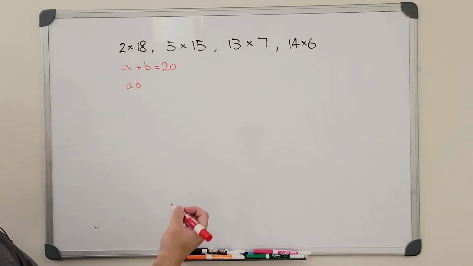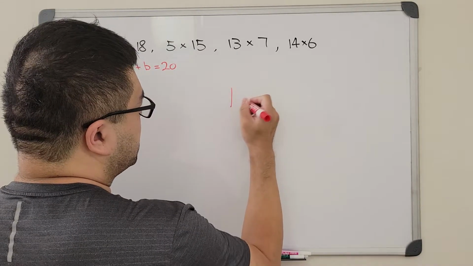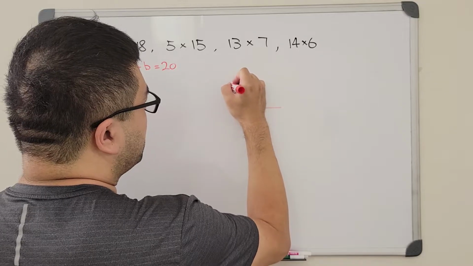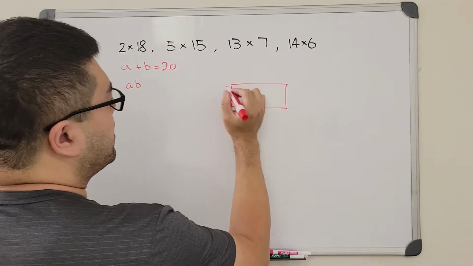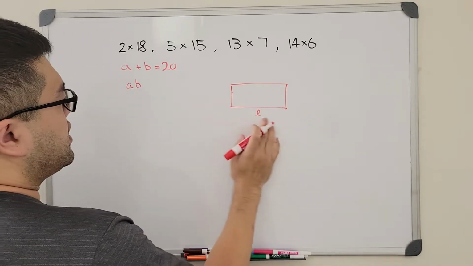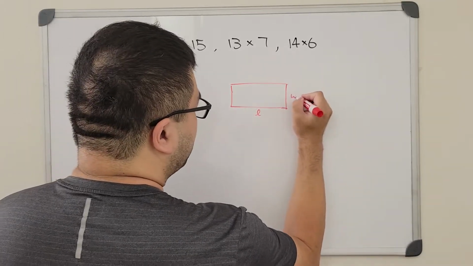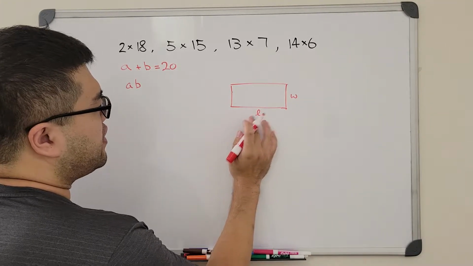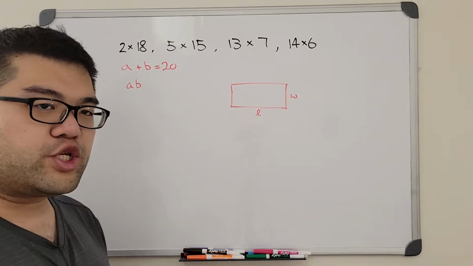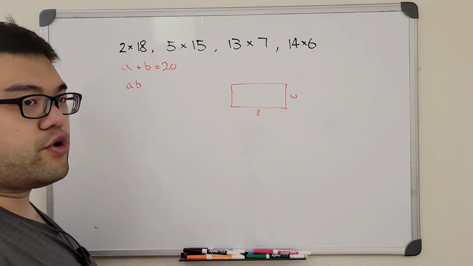Well, geometrically, we can think of it as a square or a rectangle, where a could be our length and b would be the width here. So we know that the length and the width together give us a fixed number, 20.